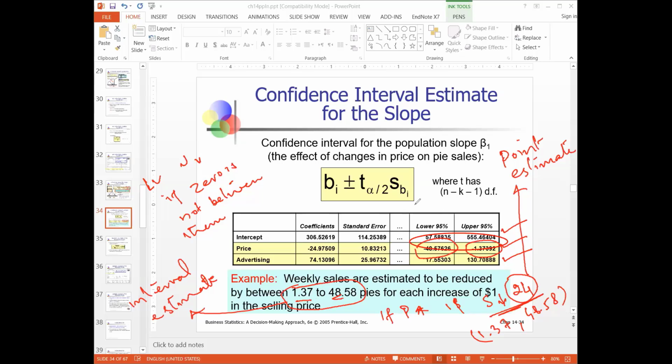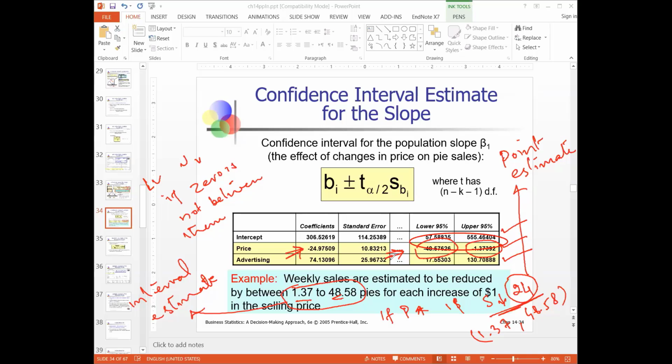Okay, so for every policy you will have a range and a center value. The center value will come from the slope value, and the interval estimate or the range will come from the lower and upper limit. So you have to remember this. Since it's a guess, you cannot say for sure that the answer will be equal to the slope.